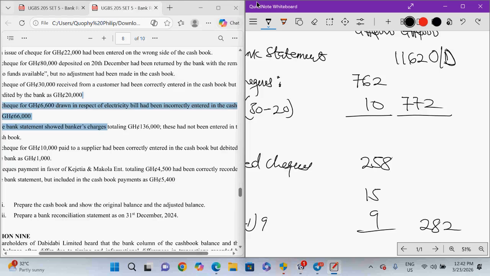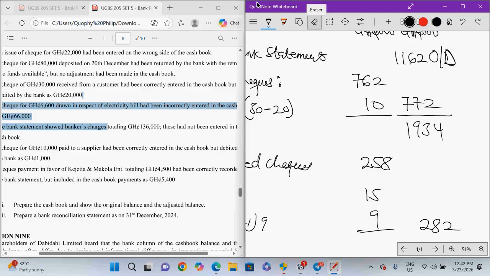So this one. 1934. Why is it supposed to be, that one is 12,392.